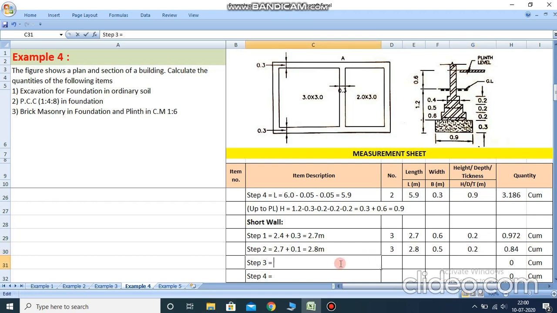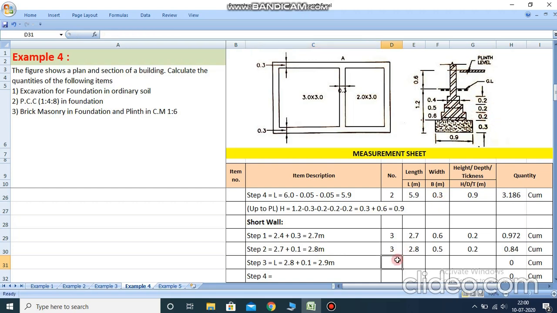Now for step 3, length is equal to 2.8 plus the difference between the second step and third step, a 0.1 difference. So directly we put 0.1, or we put on the left side and right side 0.05 and 0.05, equal to 2.9 meter. Clear? So 2.9 meter.